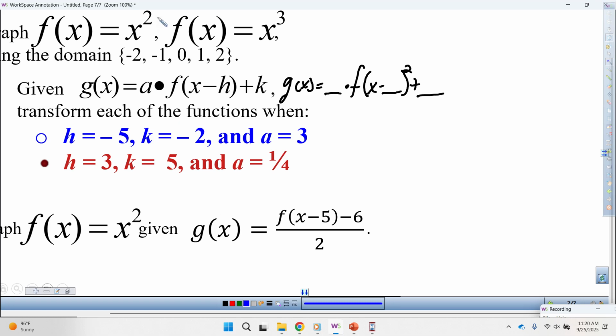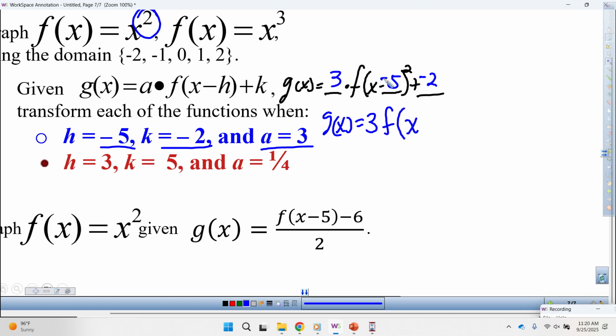And right now we're doing the squared. So h is -5, k is -2, and a is 3. So my new transformation for blue is g of x equals 3f of x, negative times a negative becomes a positive, squared minus 2.